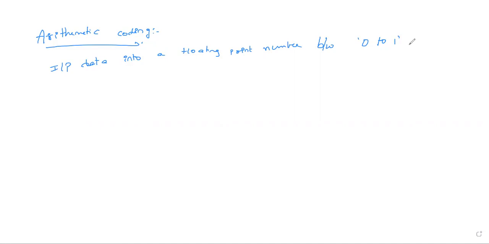So to perform the arithmetic coding, the steps we follow: first step, if probability is given, okay, if not given, calculate the probabilities of each pixel.